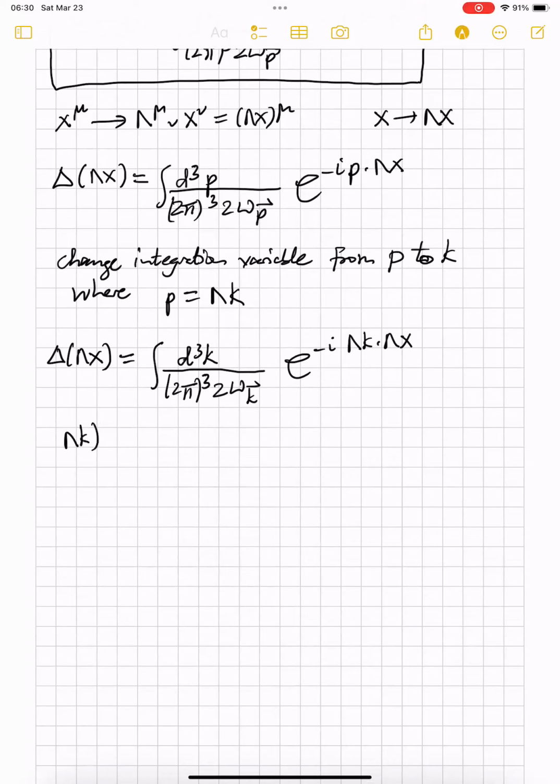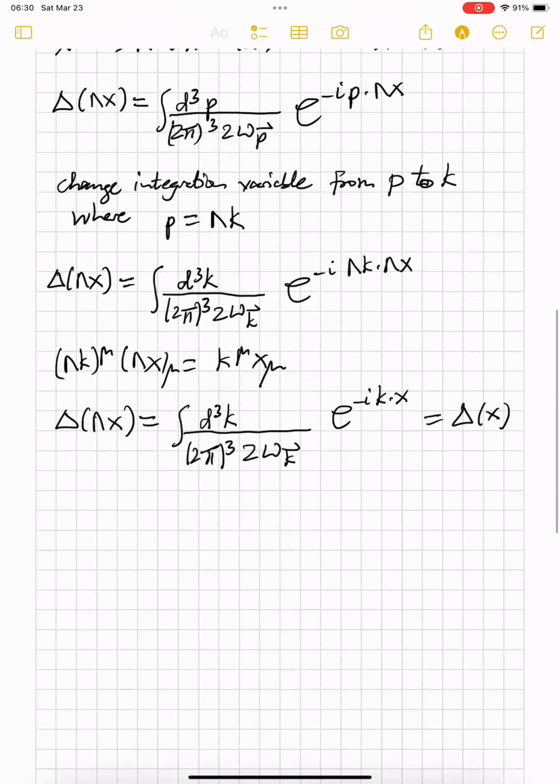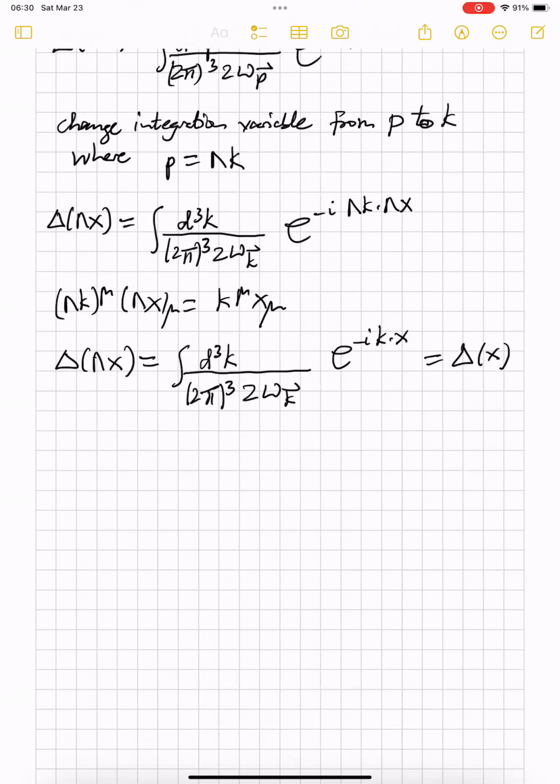So Λk^μ Λx_μ will just be k^μ x_μ. So in actual fact, what we learn is that delta of Λx is equal to an integral d³k over (2π)³ 2ω_k e^(-ik·x). And this is just delta of x. So that's what we mean when we say that delta is Lorentz invariant. Delta of Λx is equal to delta of x.